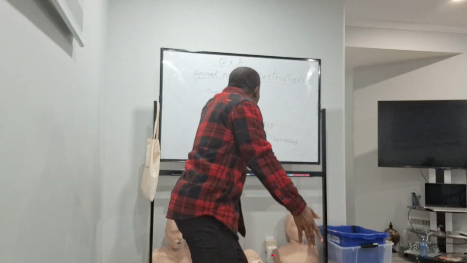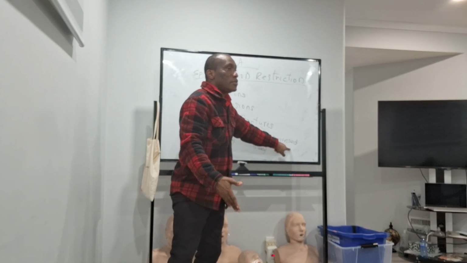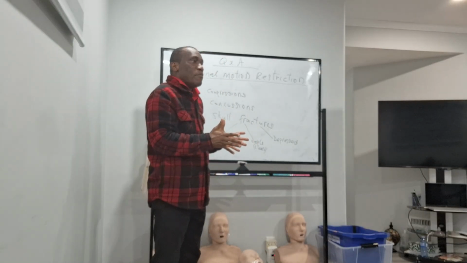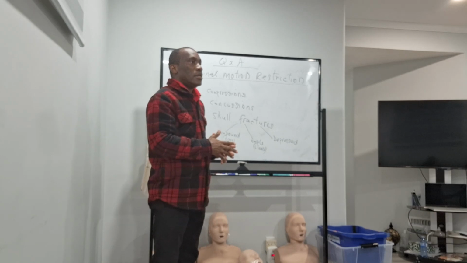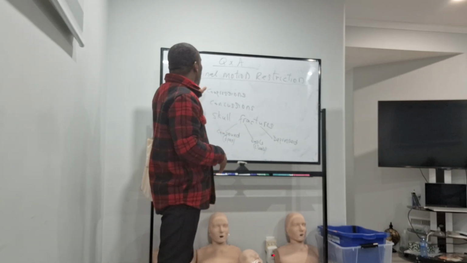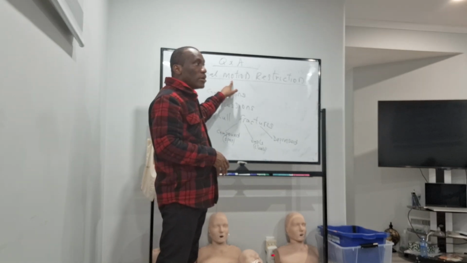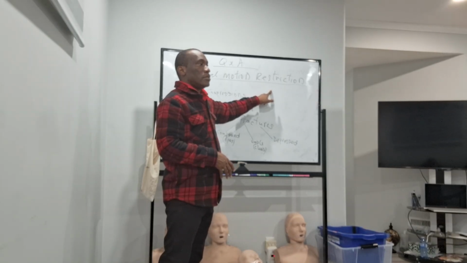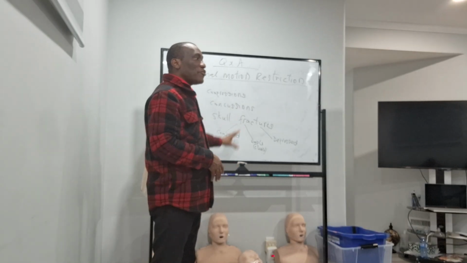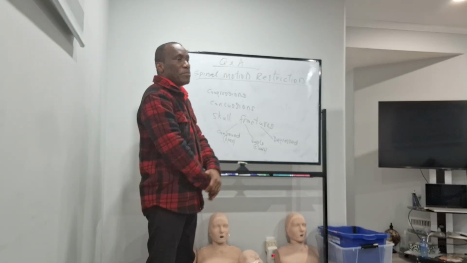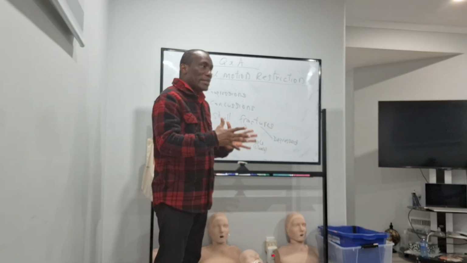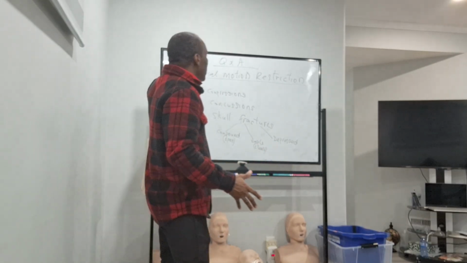That is one of the reasons why you stop that movement of the head. It's called the spinal motion restriction. You restrict the movement to avoid aggravation of the problem the person is in already. So usually you call 911 and then manually prevent that movement.